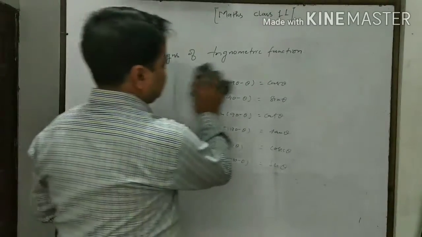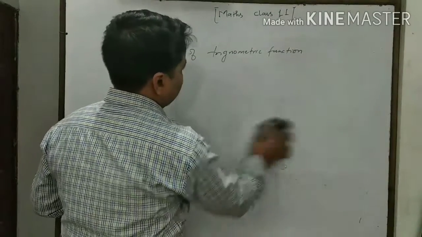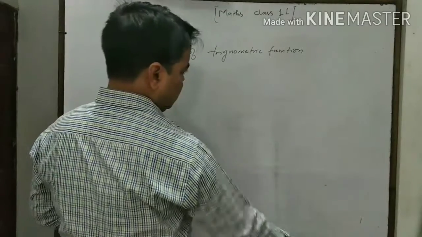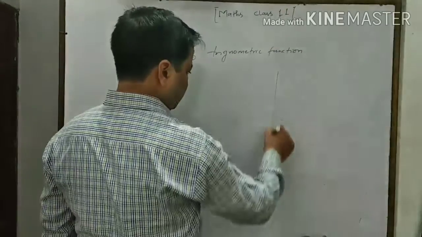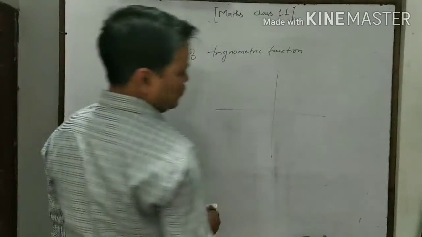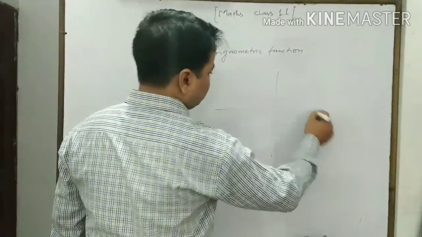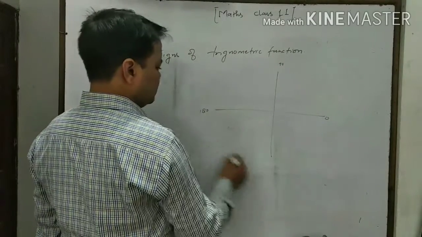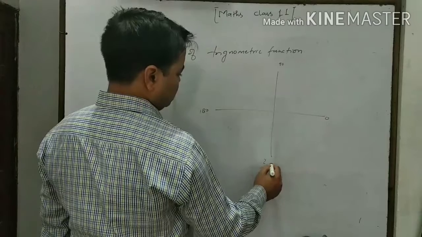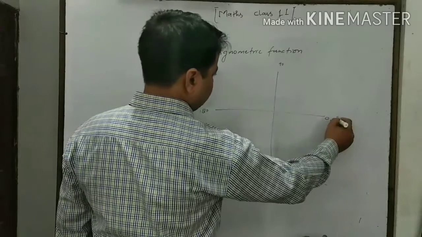Now the sign convention of trigonometric function. Here we try to understand with the help of this. Okay, 0 degree, here 90 degree, 180 degree, 270 degree, and again 360.